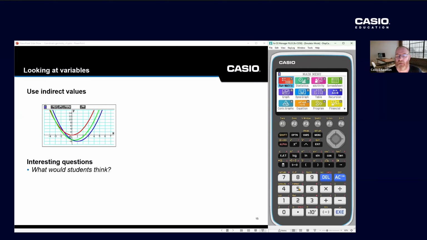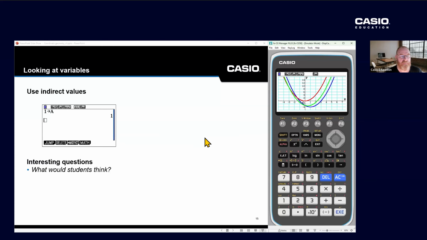And if I go back to graph mode and then draw, what you can see is if you do change the coefficient of x, it does change the shape and position of the curve. Okay, and then that might lead you to further investigation.